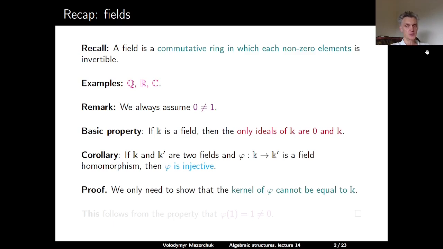Indeed, in order to prove this, we only need to show that it is not possible that the kernel of phi is equal to K. However, this follows directly from the property that phi must send 1 to 1, and 1 is different from 0 in K prime.